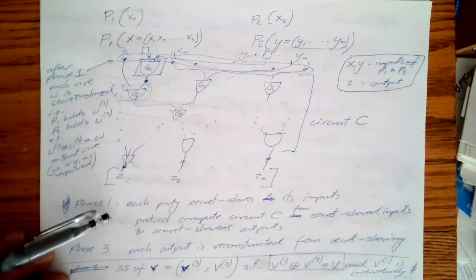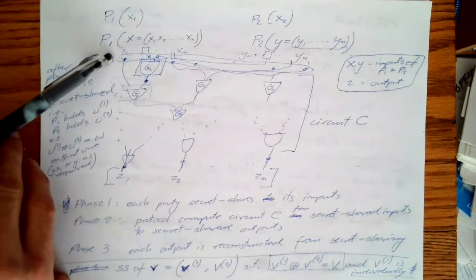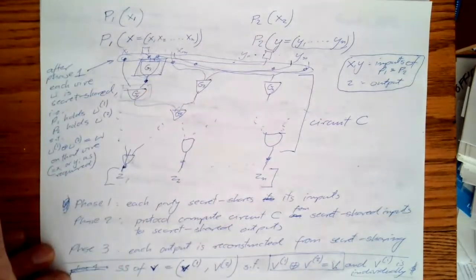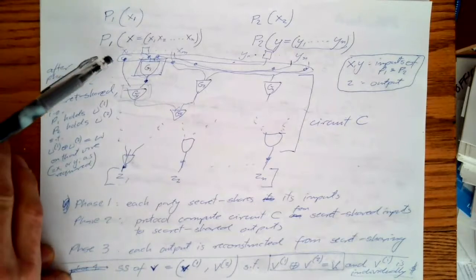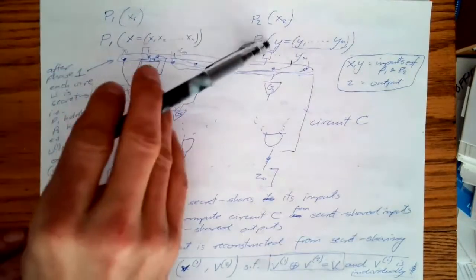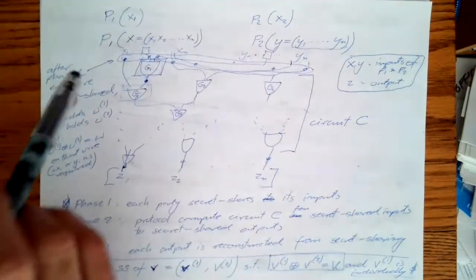But in GMW and many others, in phase one, every party commits their inputs by secret sharing them, in the two-party case between P1 and P2. So each of the input wires is secret shared.